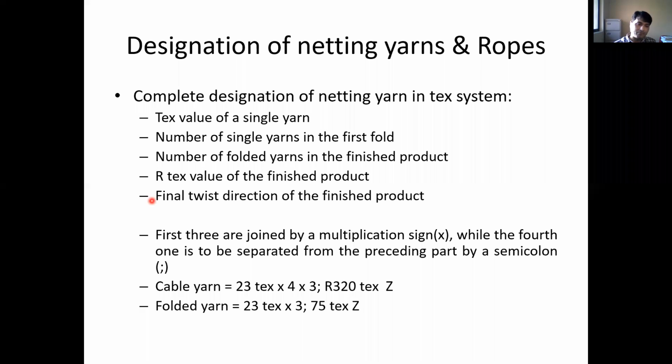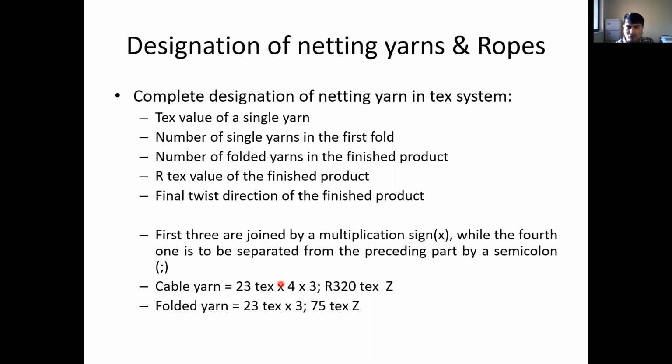So how do we understand this cable knitting yarn? We have purchased it from the market, but we have to designate it. How? 23 tex multiplied by 4, again multiplied by 3, then putting a semicolon.